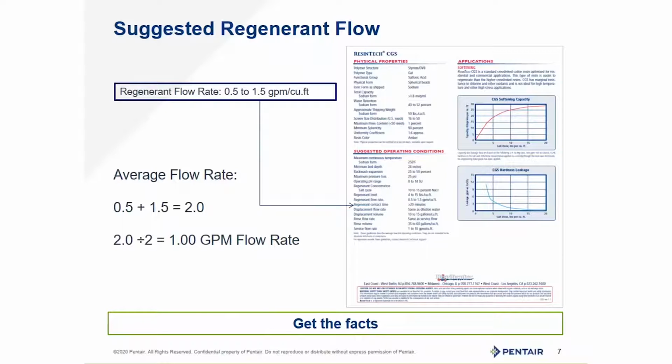So various resins, different total regenerant flow rates. And that's important, especially if you're switching out resins, to understand what was in the tank prior and was it sized properly. And if you're going to change that resin, do you have the correct injector in the valve for that resin? So go back to the OEM spec sheets, get good information, and adjust a valve from there.